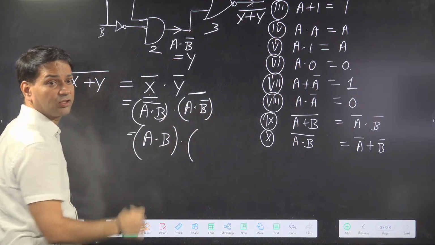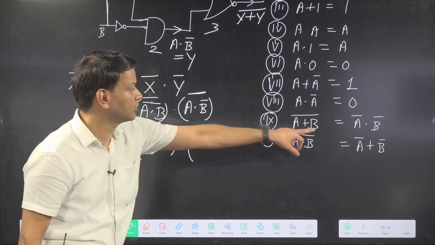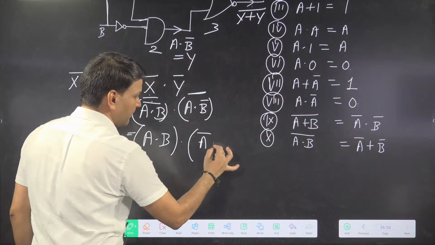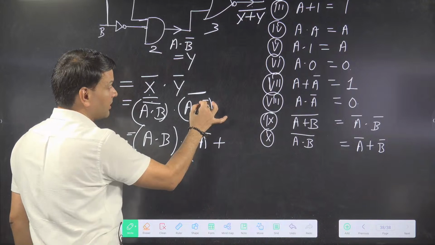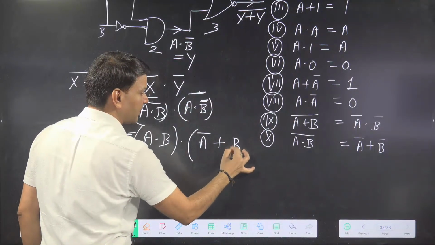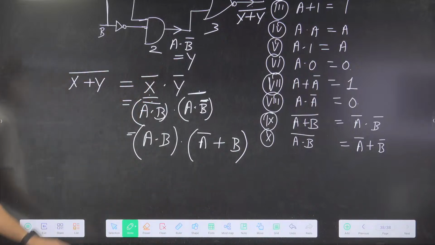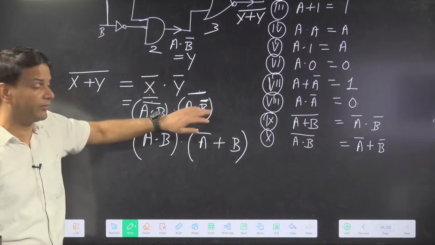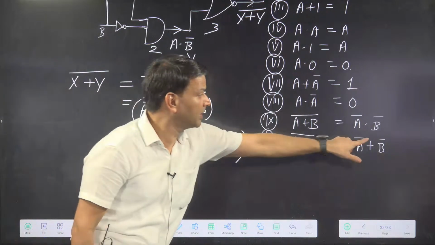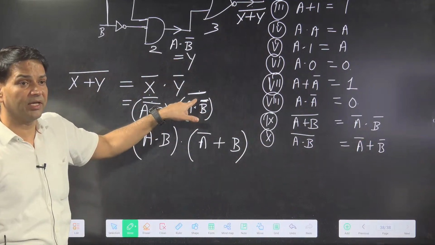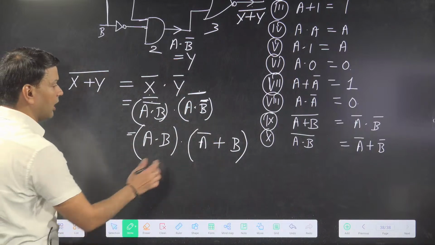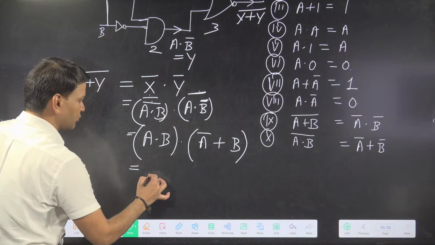A dot B bar whole bar is equal to what? A bar plus B bar. So then you will write here A bar plus B bar. But in the place of B, we have B bar. When we put the B bar, B bar cancels out, we get B. Again I am repeating, if it is A dot B whole bar, you will write it as A bar plus B bar. But in the place of B, we have B bar. So bar and bar will cancel out. Now when you multiply this, what will you get here?